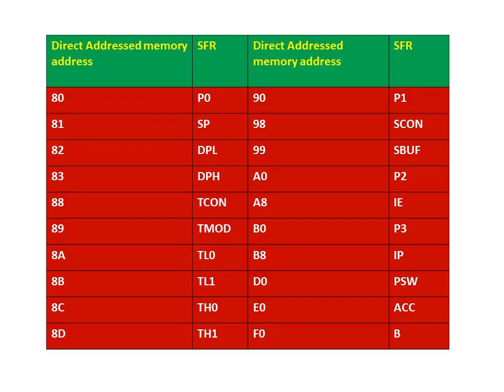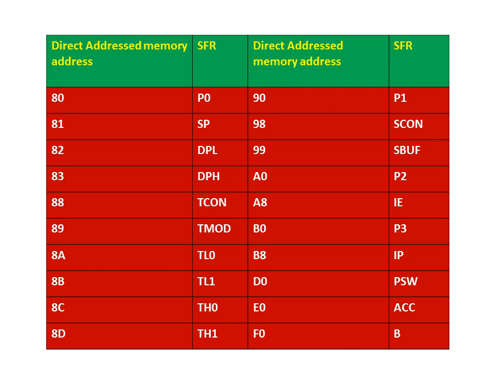For each and every special function register, a predefined address has been mentioned. If the processor wants to access a particular special function register, it is accessed by these assigned addresses.